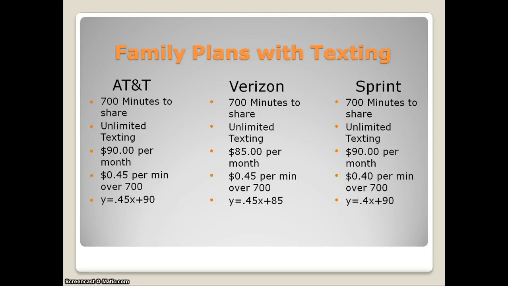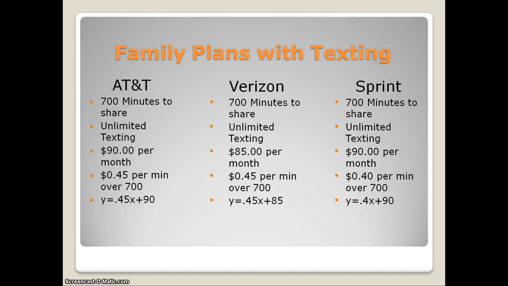Family plans with texting. AT&T gives you 700 minutes to share, unlimited texting, $90 per month, and 45 cents per minute over the 700. This gives you a linear equation of y equals 0.45x plus 90. The 0.45 comes from your per minute over 700, and your 90 is your fixed monthly rate. That's for 3 lines to share.